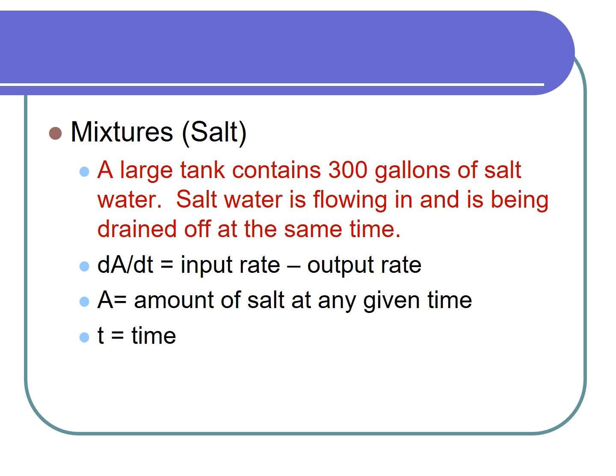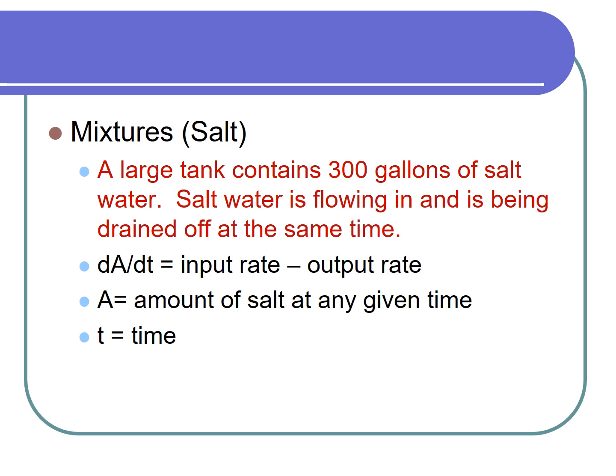So let's say we have a large tank that contains 300 gallons of salt water. Salt water is flowing into the tank and is being drained off the tank at the same time. However, the salt water coming into the tank doesn't contain the same amount of salt per gallon as the salt that's already in the tank.